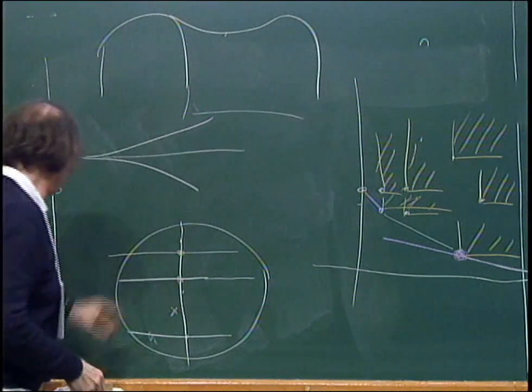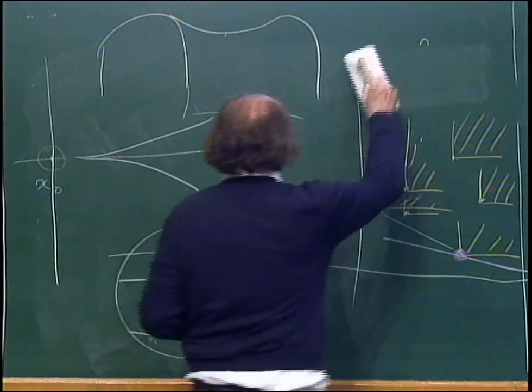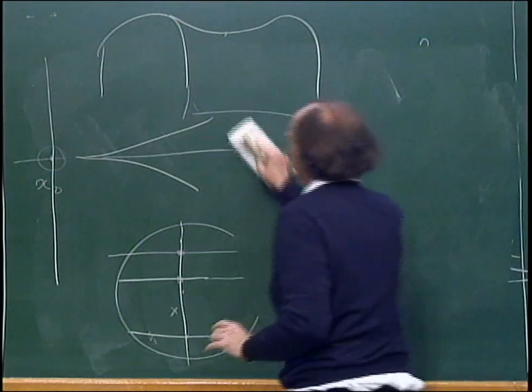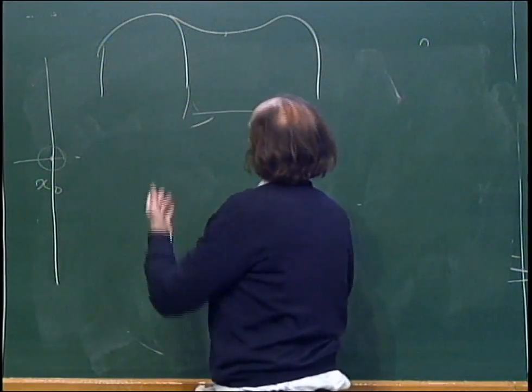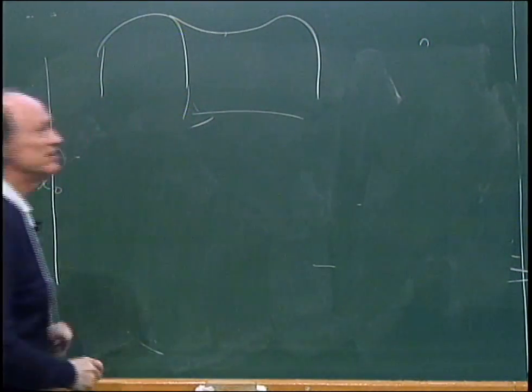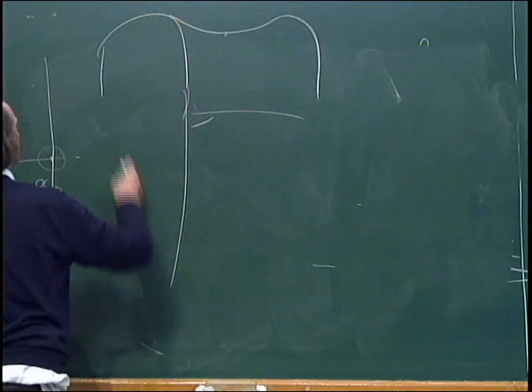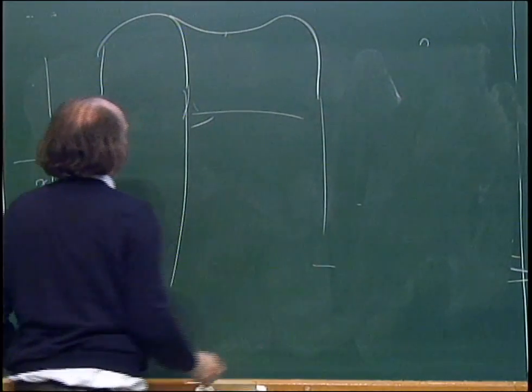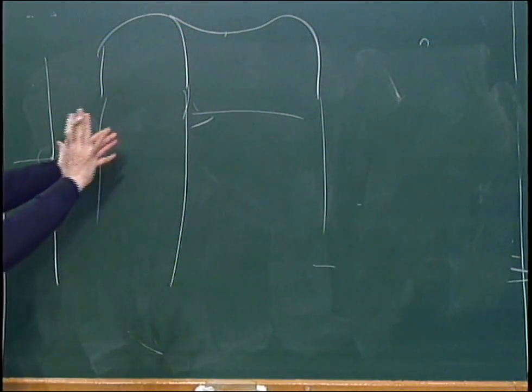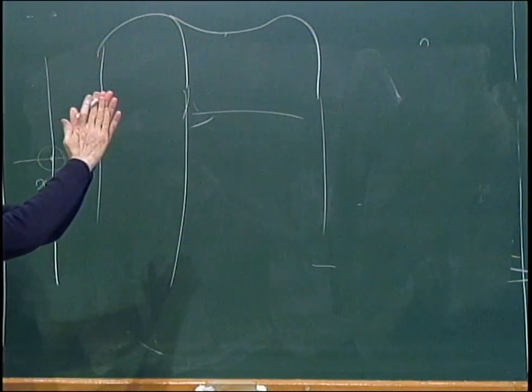It still comes from some, let's say, polynomial equation. But we see it from very far away. What will happen? This stuff will look completely flat.